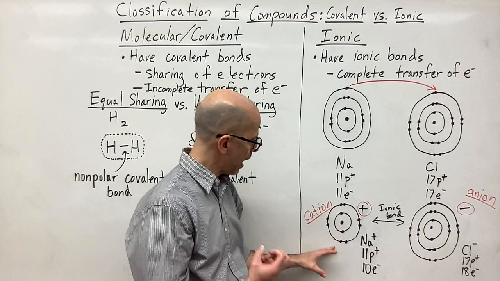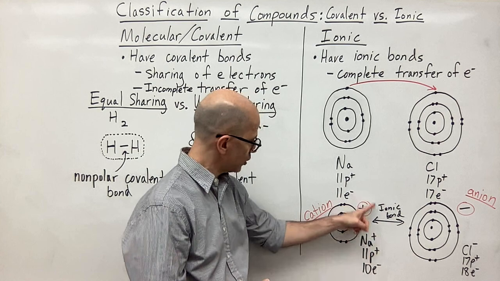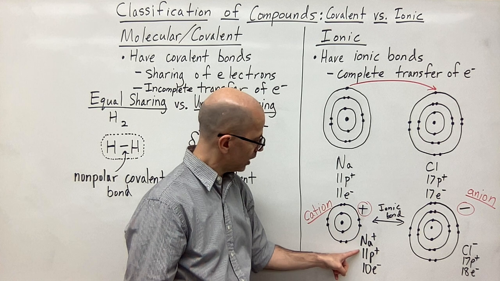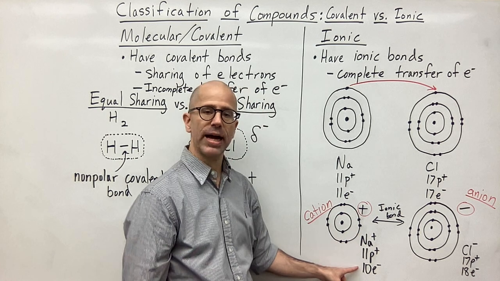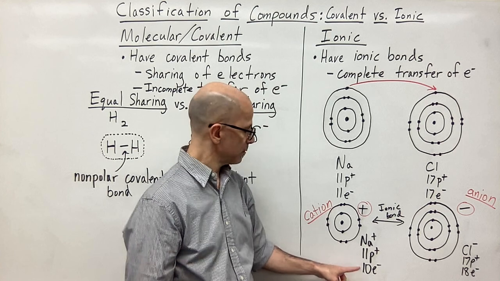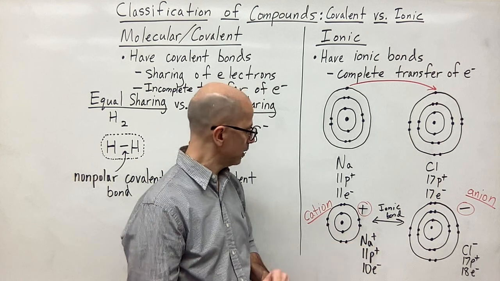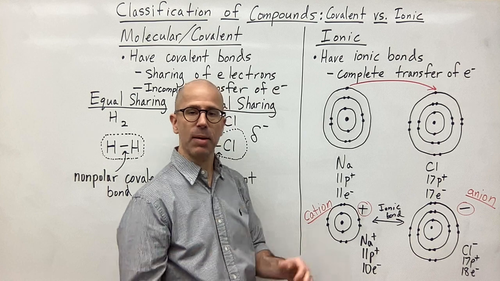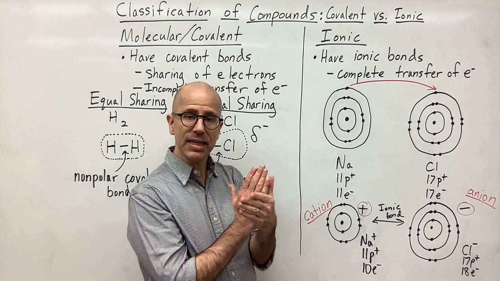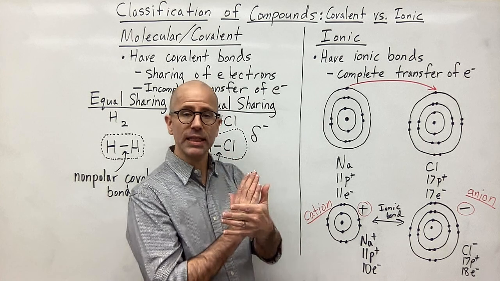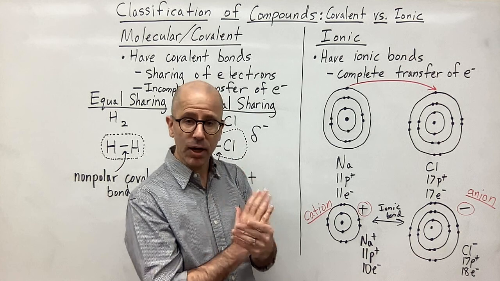Sodium is now happy. It's now got a plus charge here because now it has 11 protons, but it only has 10 electrons. So there's an imbalance in charge, so it's a plus charge there. So we call that a cation. Remember, cation has a T in it, and the T looks like a plus, so plus, positive.